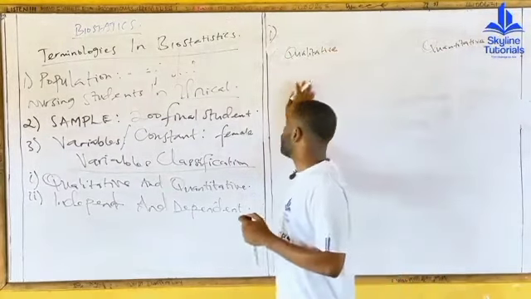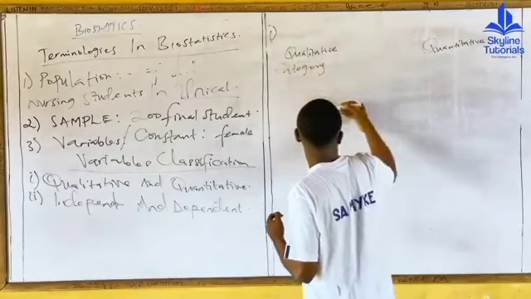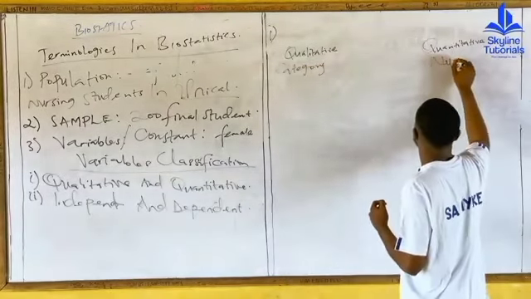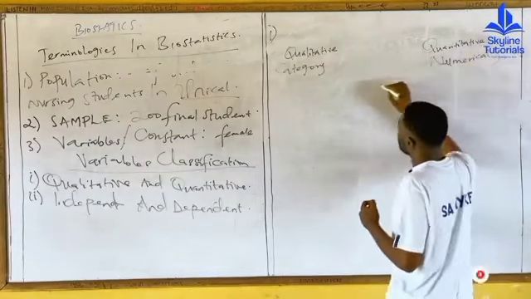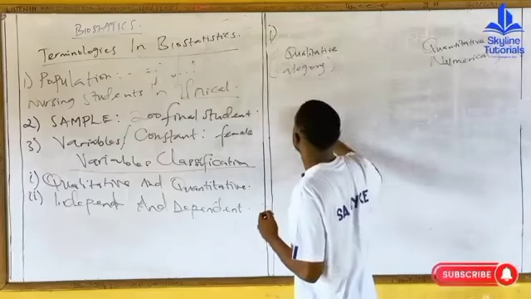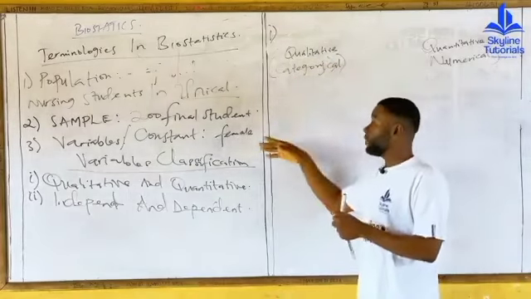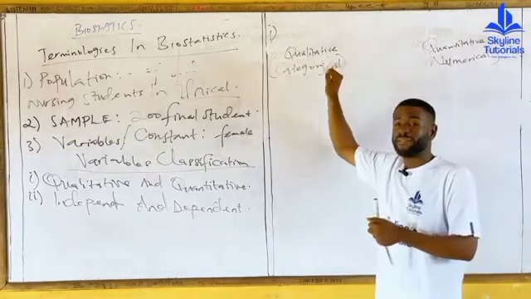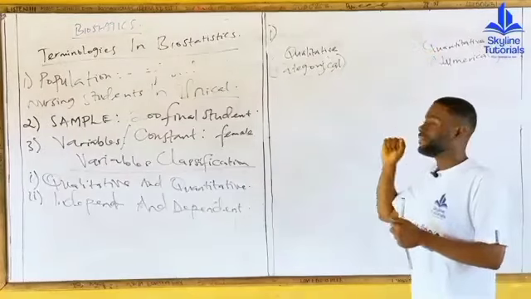Qualitative can also be called categorical. Quantitative can also be called numerical. Take note, I either call them category or categorical variable, or I call them qualitative, or I can call them numerical or quantitative.